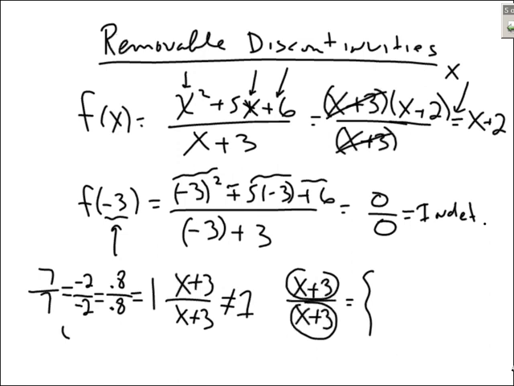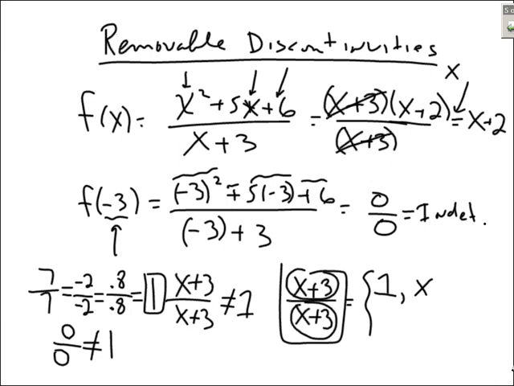So the top and the bottom are equal, we seem to get 1, but not always. 0 over 0 is not 1. Okay, it is not 1. A fraction is 1 if the top and the bottom are the same, but they're not equal to 0. So this fraction is equal to 1, provided the top is not 0.